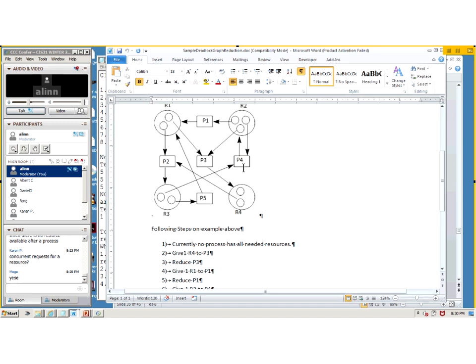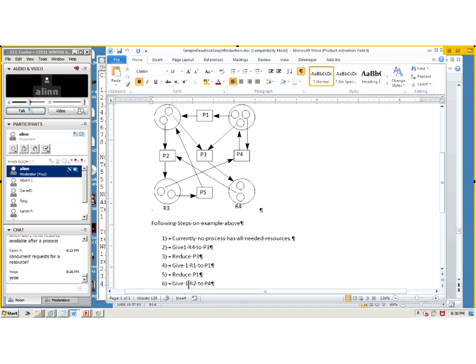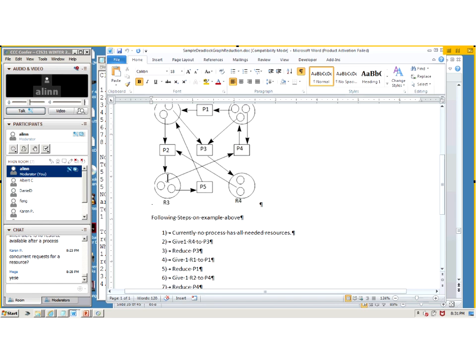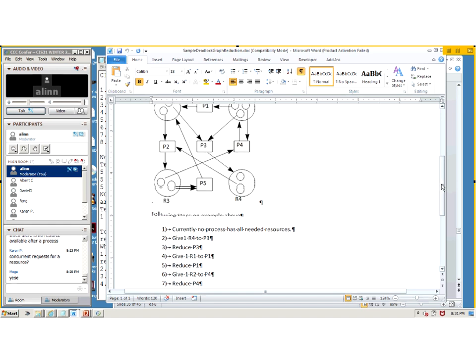Now you can give an R2 to P4. Give one R2 to P4 and reduce it. Give one R3 to P2 because we reduced P4. Now it has all of it.